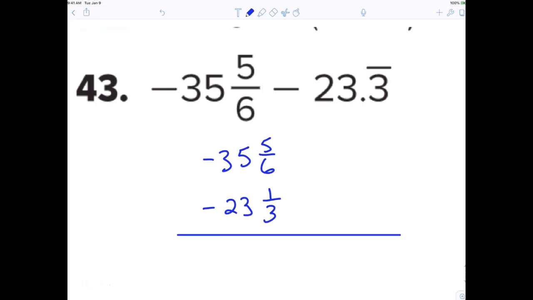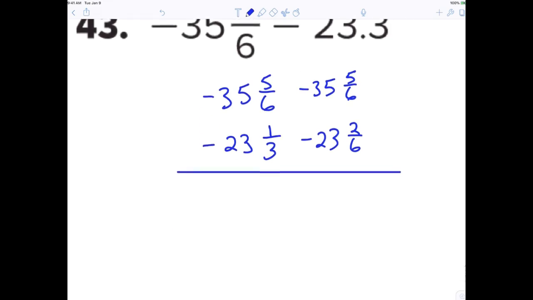What's the common denominator? 6. So 1/3 becomes what? 2/6, right? And then when you add them together, what do I get?